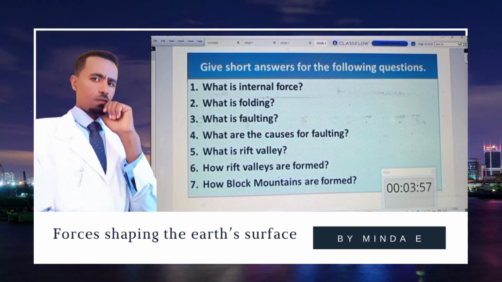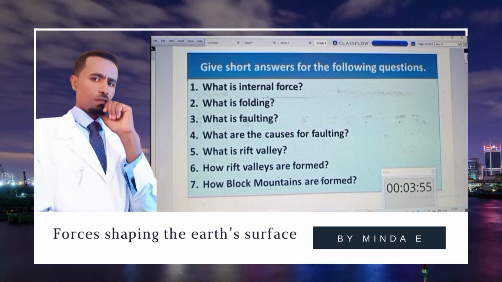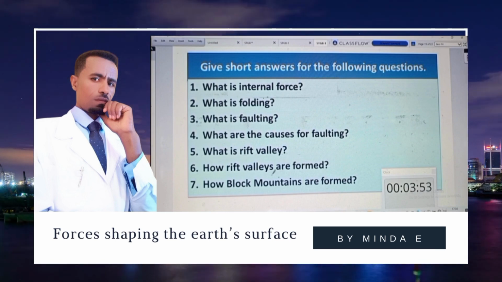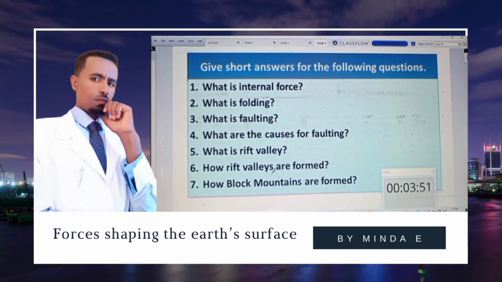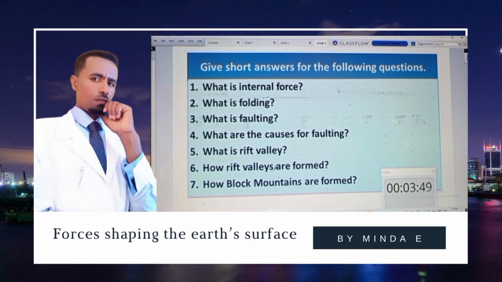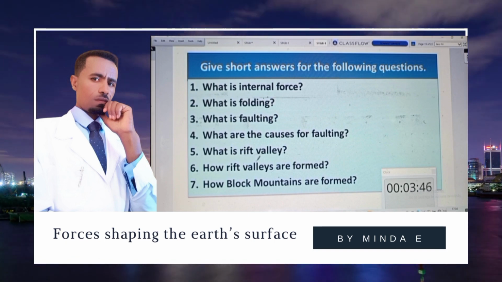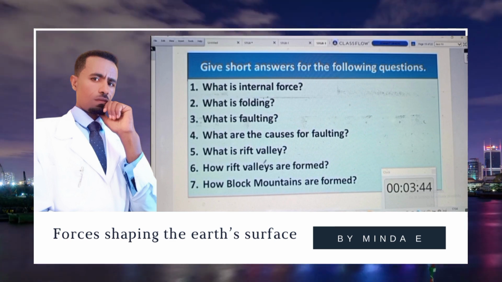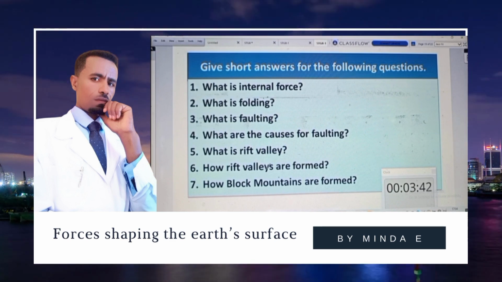Please do this exercise, and try to have a short note on these areas.